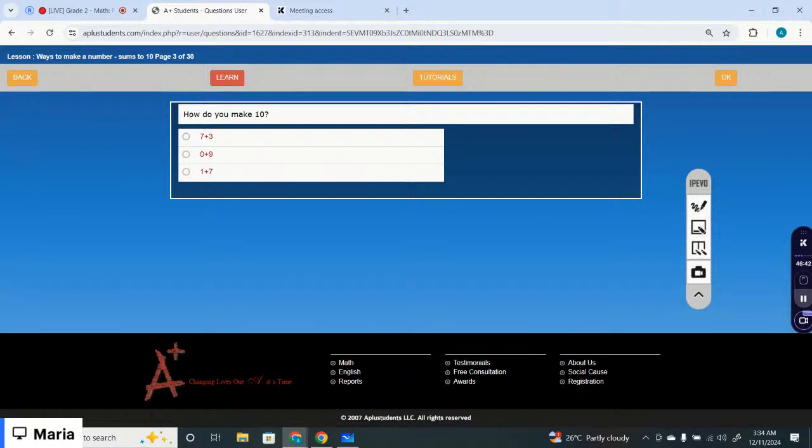The next one is how do you make 10, which is the correct option?